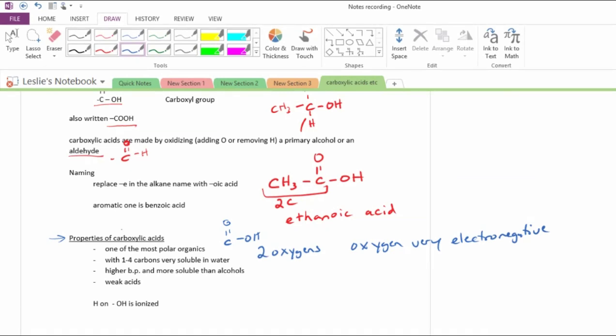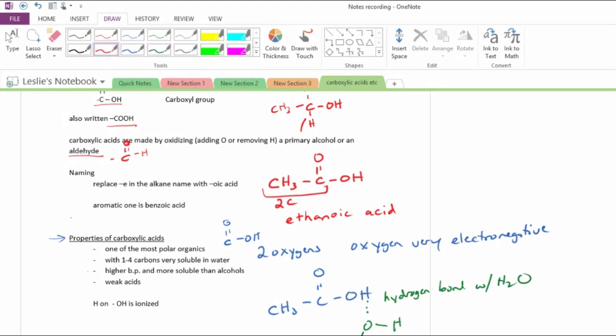When we have 1 to 4 carbons, like this one, we're going to be very soluble in water because we can hydrogen bond with water.